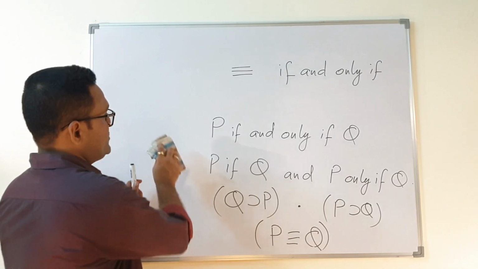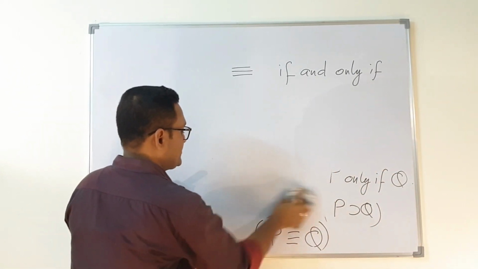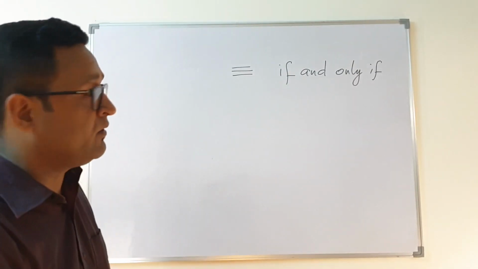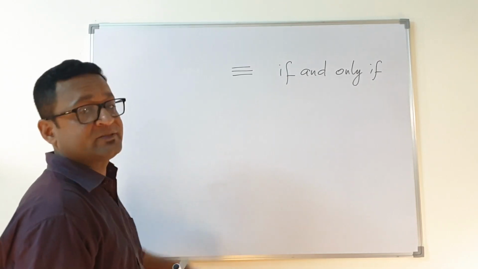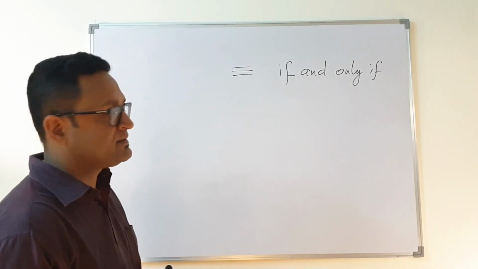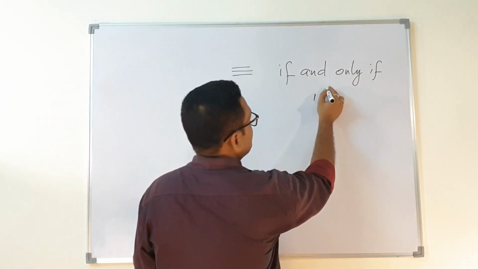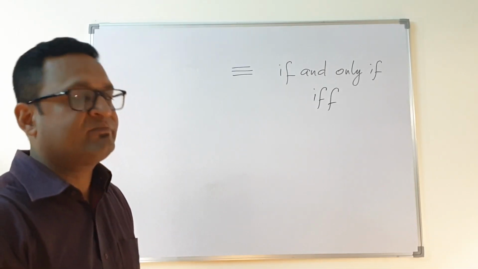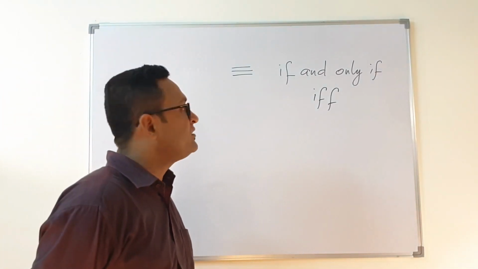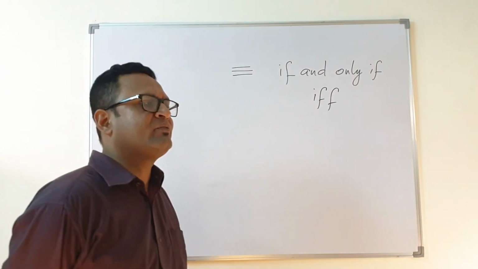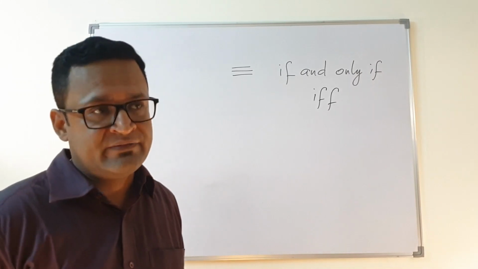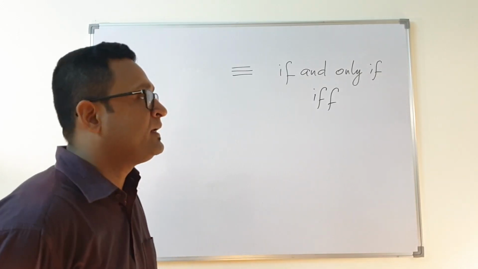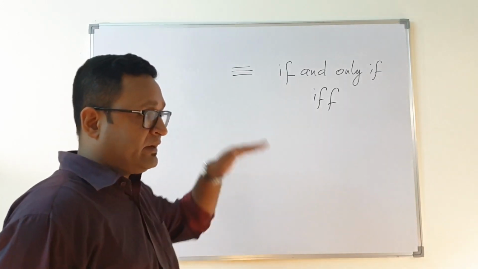There is another expression. In fact, there are a few more, so let us discuss all of them. What will be the other expressions for equivalence? Another expression for if and only if can also be written as IFF. Students of mathematics, computer science and engineering do understand what is IFF. However, people from philosophy usually refrain from using this IFF symbol. They will write the if and only if expression fully, right?